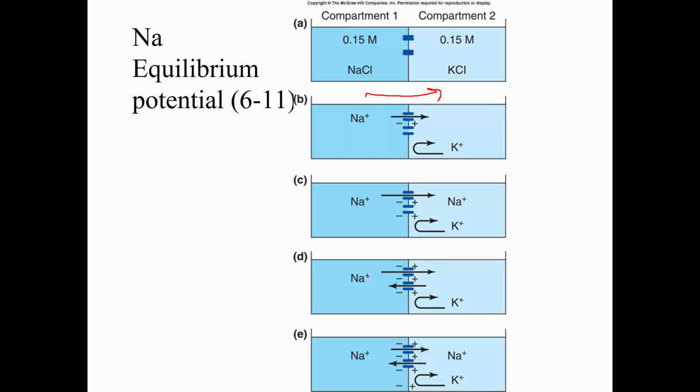And as in the other case, so much sodium leaks to compartment 2 that the concentration gradient for sodium to go to compartment 2 is equal and opposite to the electrical gradient for sodium to go to compartment 1. So then sodium is at its equilibrium potential, which is about positive 60, somewhere in that neighborhood.